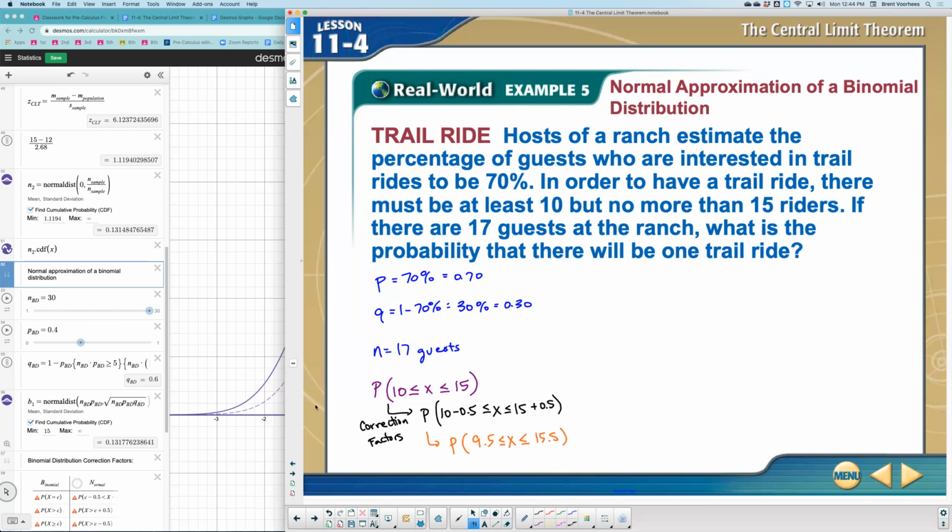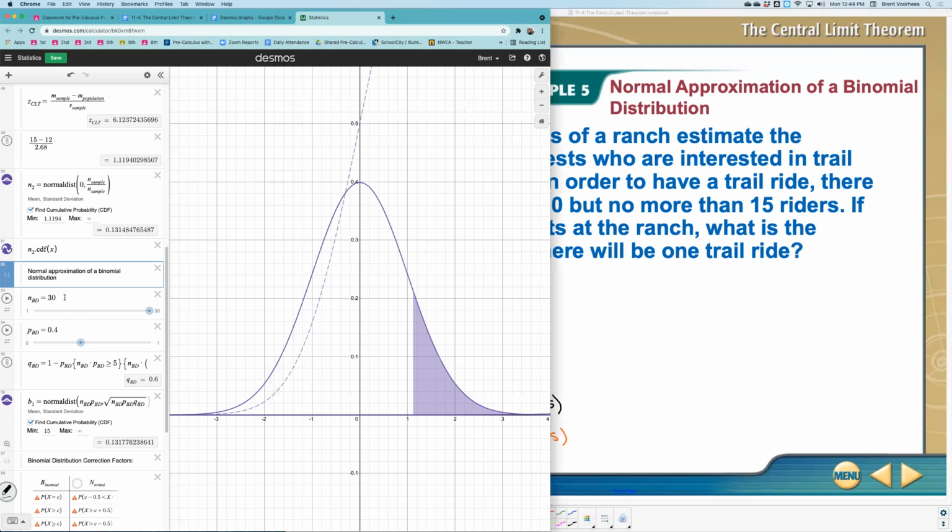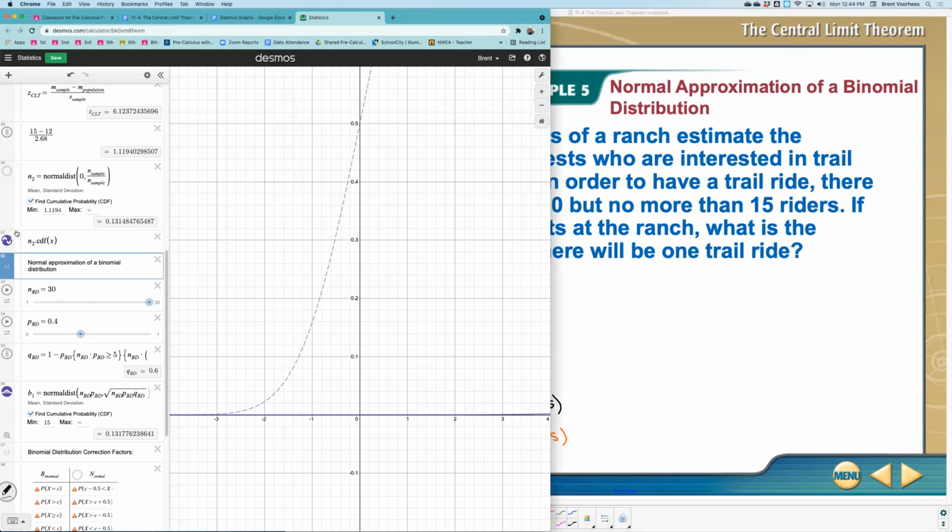So let's look at this over here. I'm going to change these values. Let me turn this one off because those aren't the values I want anymore. We're going to say that there are 17 guests, the probability of them wanting to ride is 70%, which means 0.3, or 30%, will not want to ride.